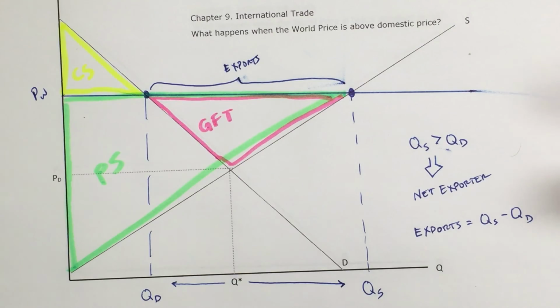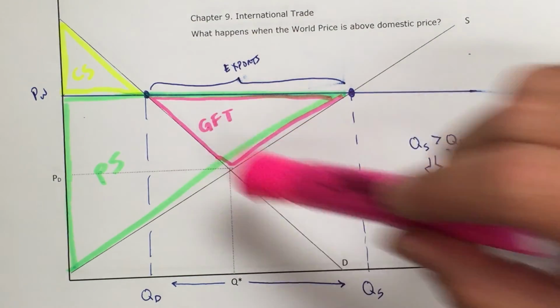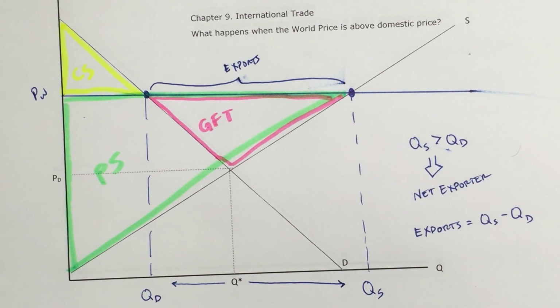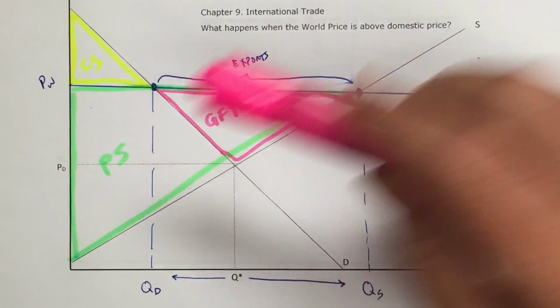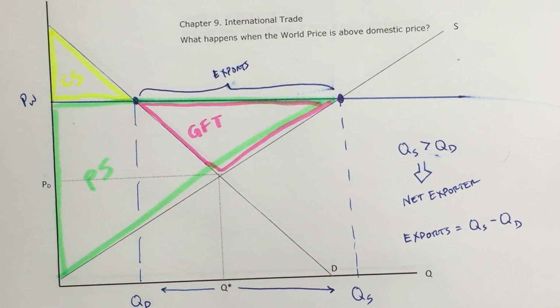In this case, all the gains from trade are being captured by the producer because the world price is above the domestic price. So as we introduce international trade, what we find out here is that as a country, their total surplus increases. Because of gains from trade, it indeed makes everyone better off.